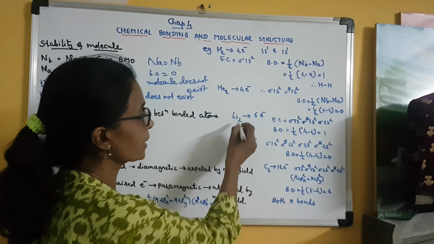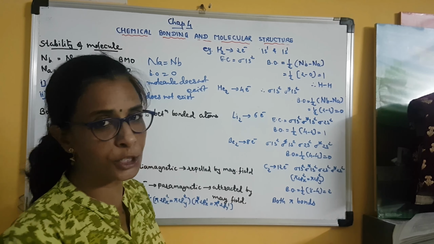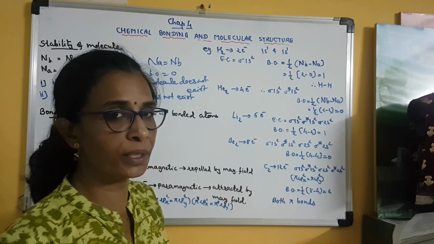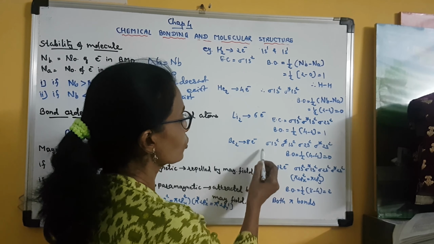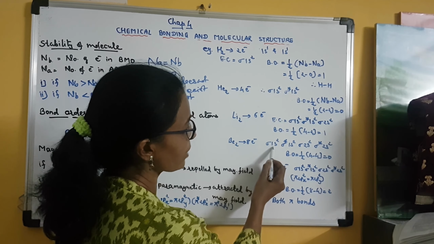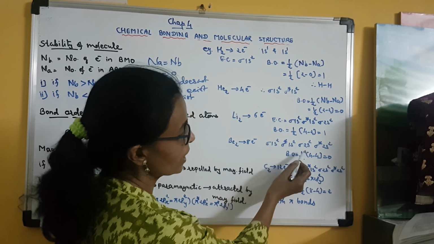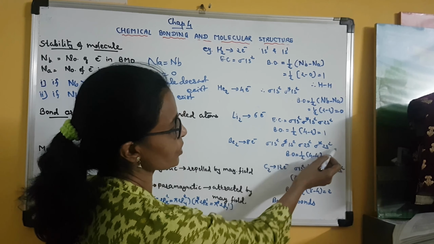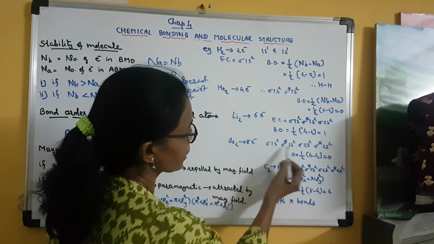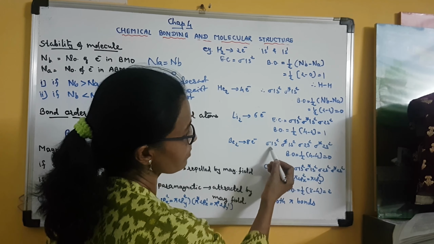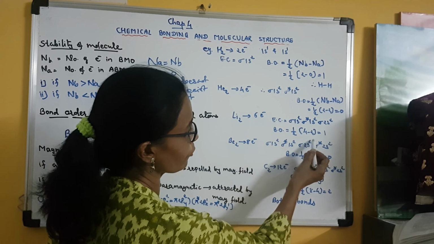Clear? Then the next element is beryllium, Be2. Beryllium atomic number is 4. So in beryllium total 8 electrons are there. So the electron configuration is sigma 1s2, sigma star 1s2, sigma 2s2, sigma star 2s2. So total 8 electrons are over. Now in bonding there are 2 bonding orbitals, sigma 1s and sigma 2s, so total 4 electrons.